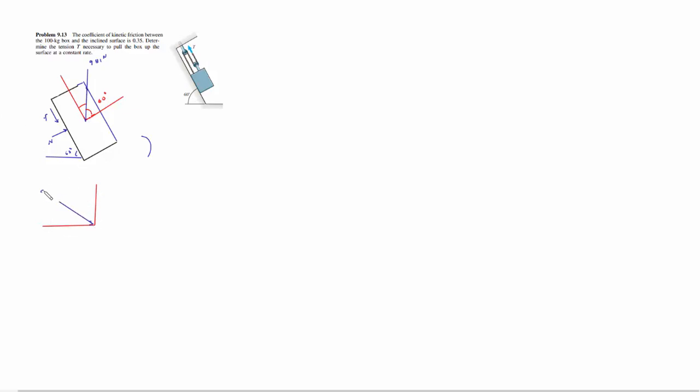This 981 newtons would be acting here, but since I rotated it 60 degrees, this here is our 60 degrees. That's why I know this is 60 degrees here. That's how I see it in my head.